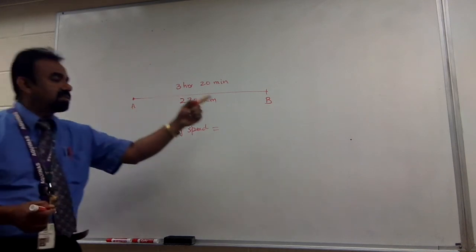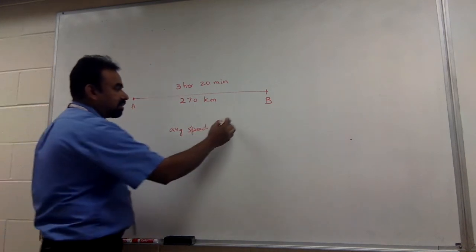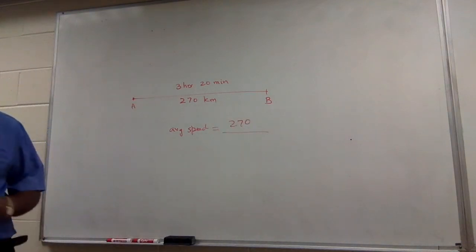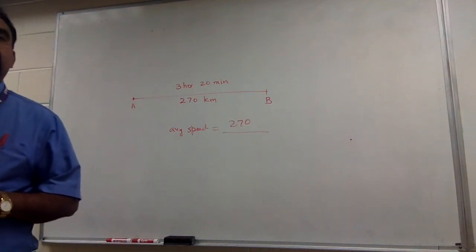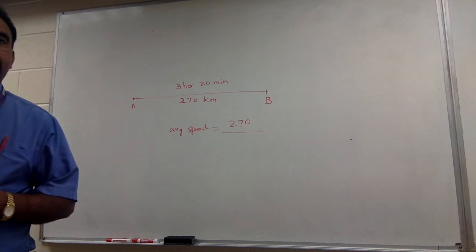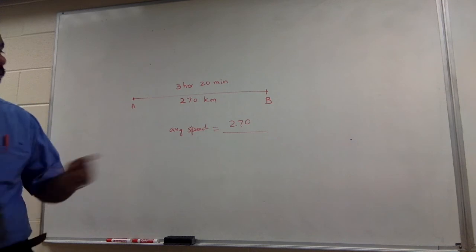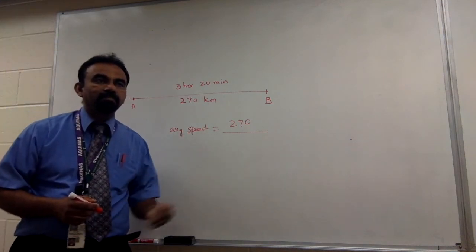What's the total distance? 270 kilometers divided by what do you get? 84. Is that everybody's answer? 81. How much? So what did you put as a time?